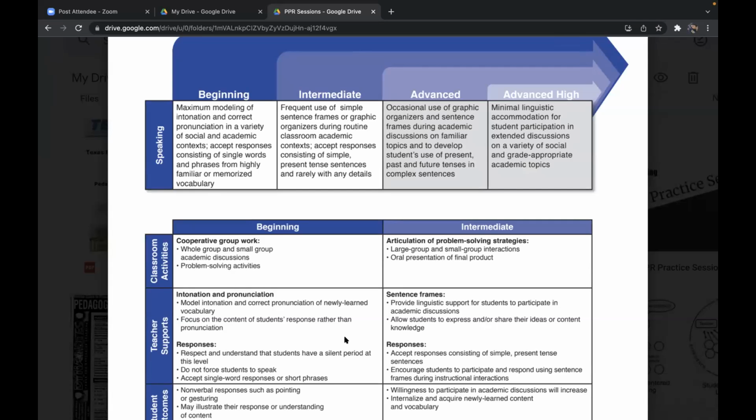It doesn't matter what kind of amazing research-based strategy you're doing. If children are being laughed at or they feel uncomfortable practicing, I don't care what strategies you're trying to make them do, it's not going to happen, and it's not going to be effective if that environment is not conducive for them to practice and make mistakes, which is totally fine in that language.